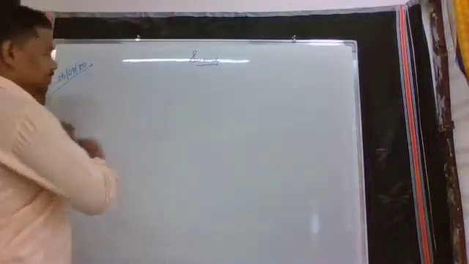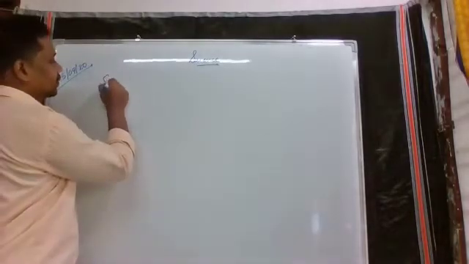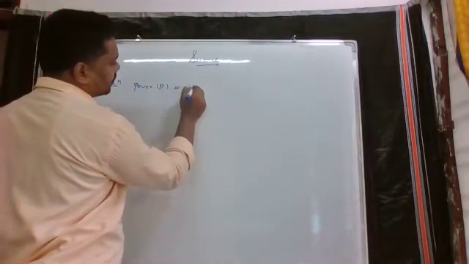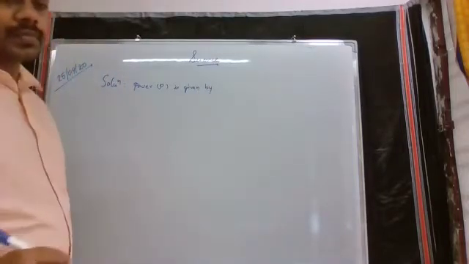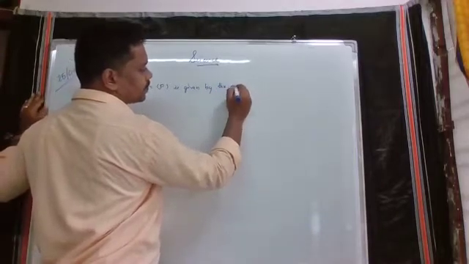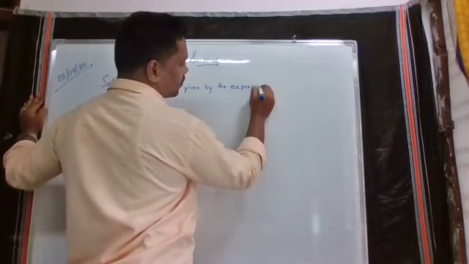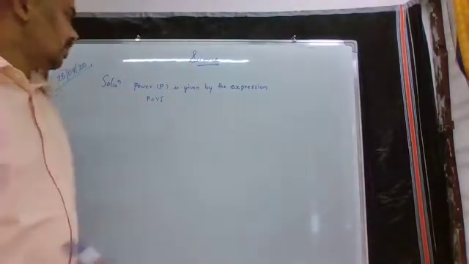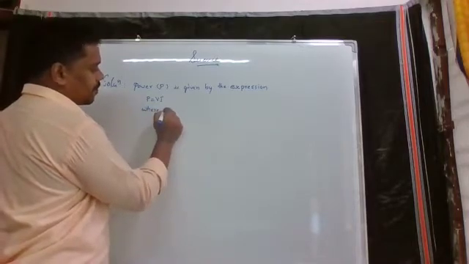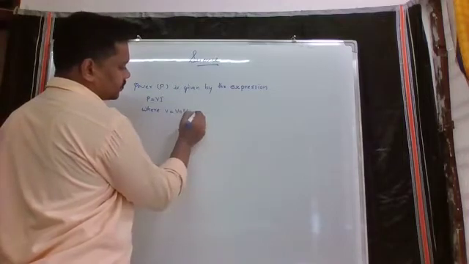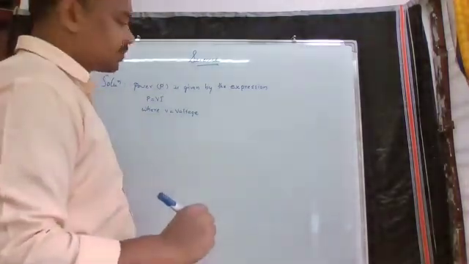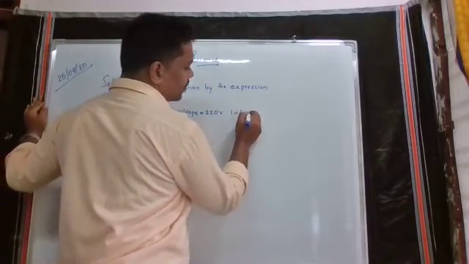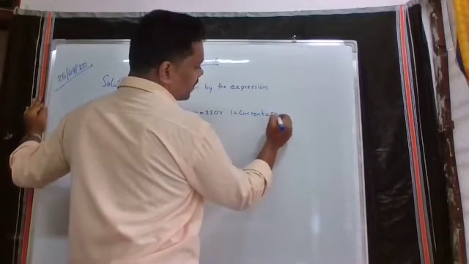We know that power P is given by the expression P is equal to VI, where V is equal to voltage, which is 220 volt, and I is equal to current, which is 5 ampere, right?